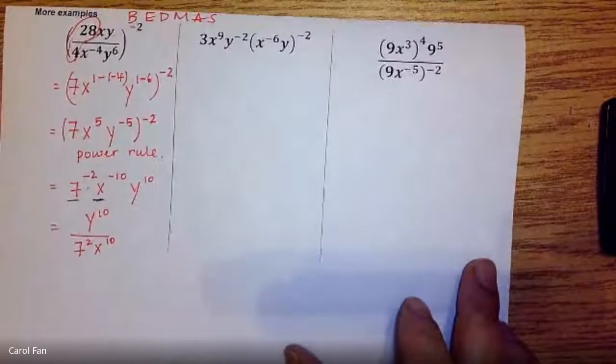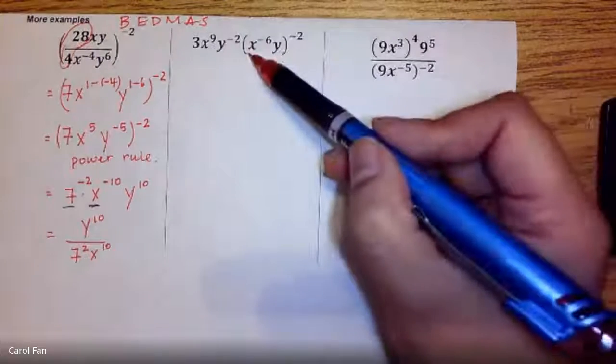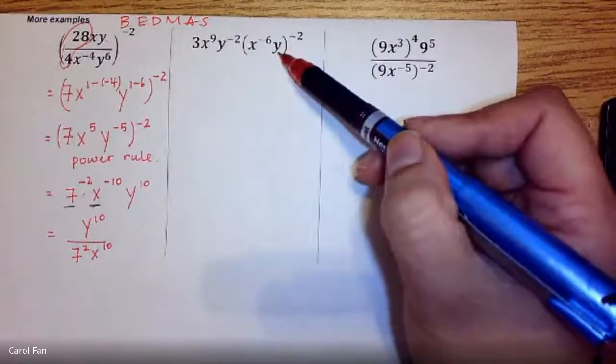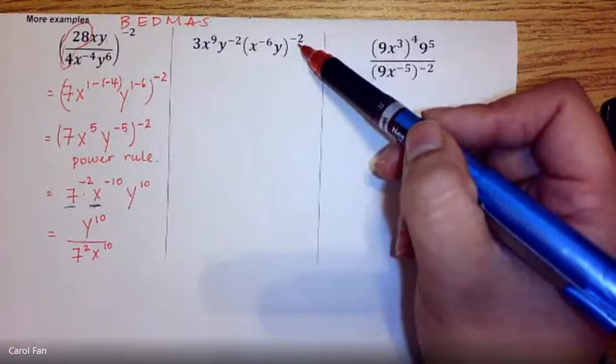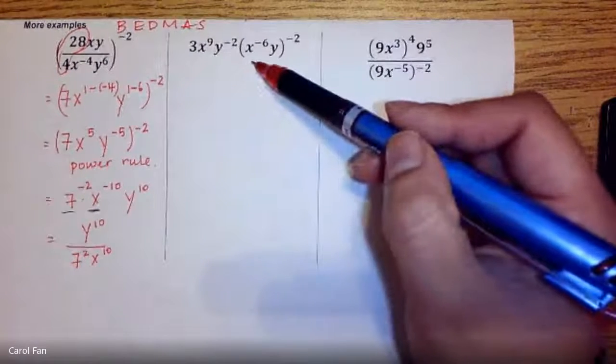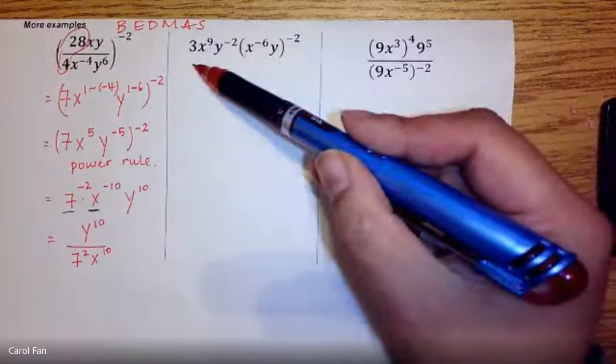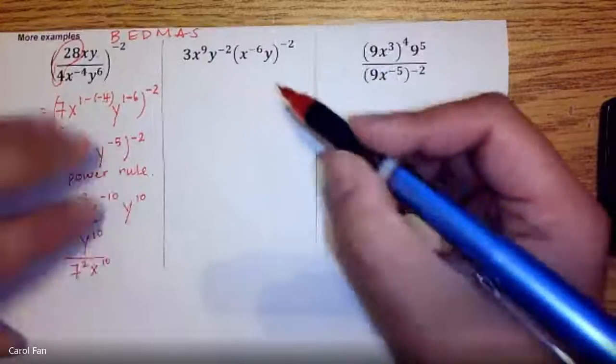Okay, our second question: 3x to the power of 9, y to the power of -2, times x to the power of -6, y, all to the power of -2. Now, I need to simplify my bracket first before I'm able to use the product rule.